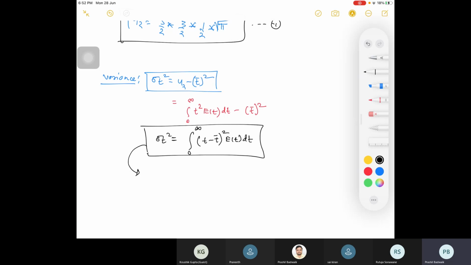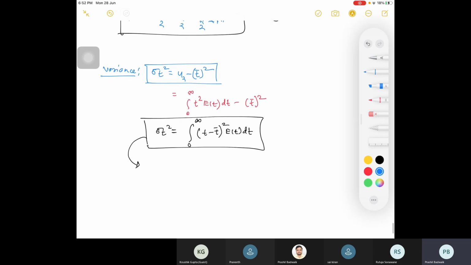What will come? Please substitute your E(t) value, right? So sigma t square is equal to integral 0 to infinity (t minus t mean) whole square. What is your E(t), Kaushik, in a CSTR pulse input? e to the power minus t by tau m, divided by tau m, into dt.